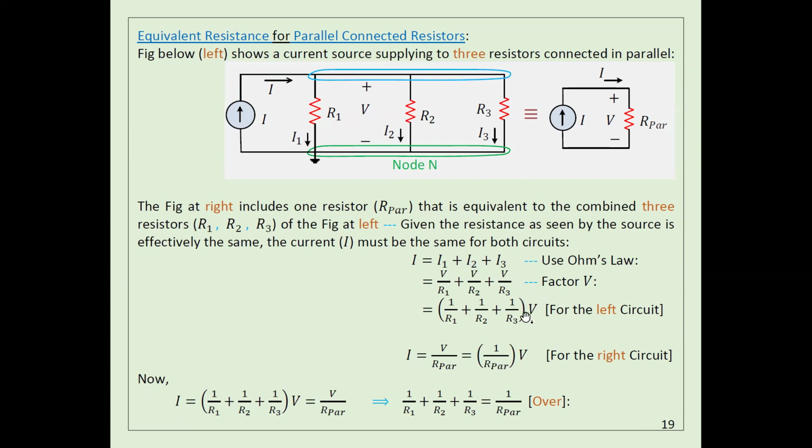V is common, so I can take it out: I equals 1 over R1 plus 1 over R2 plus 1 over R3, all of that times V. Because I equals V divided by R, I can call this sum 1 over R parallel, which is equivalent to one resistor. Any questions?